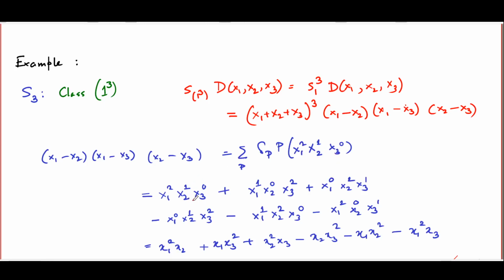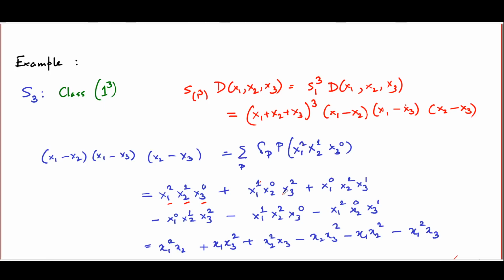Now, the other terms can be obtained by permuting these indices 1, 2, 3. Equivalently, you could have kept the 1, 2, 3 fixed in place, but permuted these powers among themselves. That's what we are going to do. Note that 2, 1, 0 can be cyclically permuted to 1, 0, 2, and I'm putting 1, 0 and 2 on top of x1, x2, x3 here.